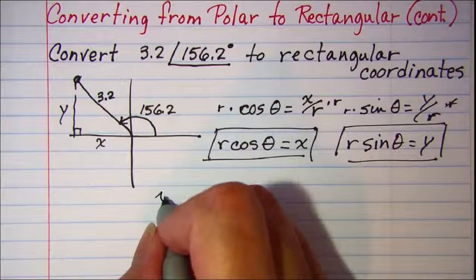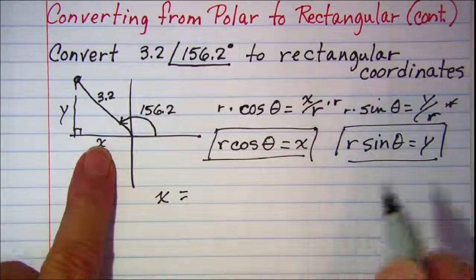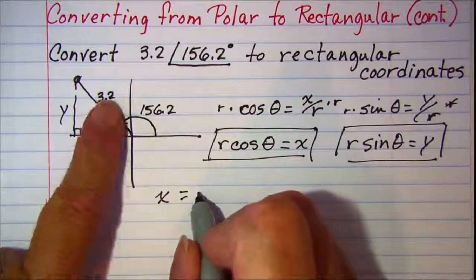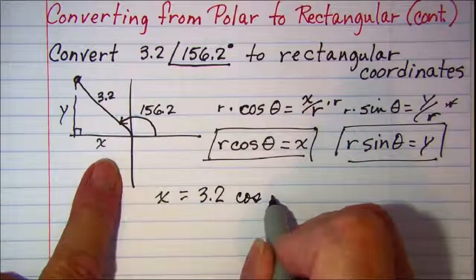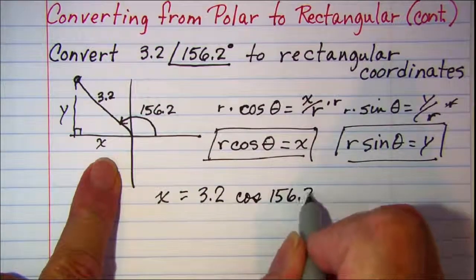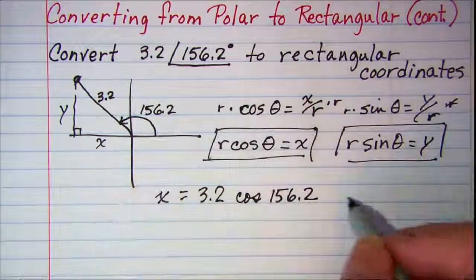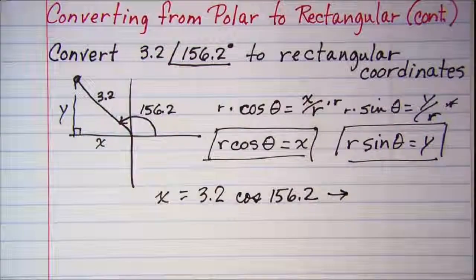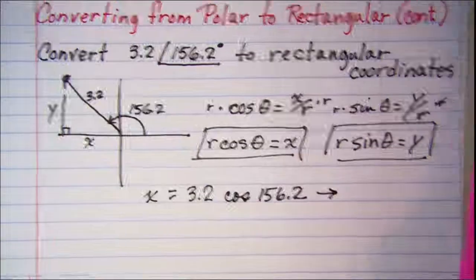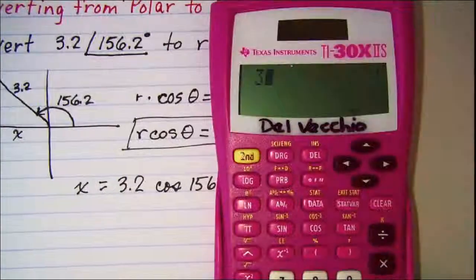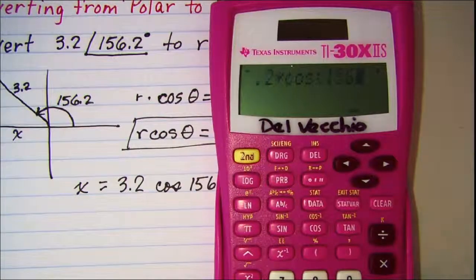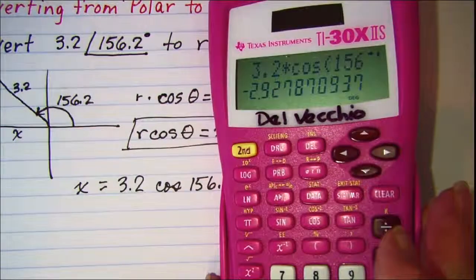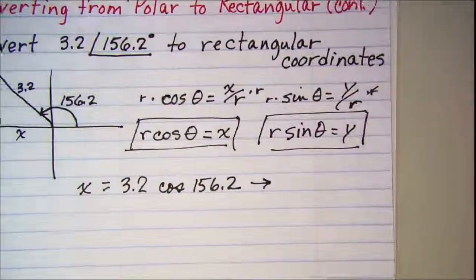So our x value will be the r, 3.2, times the cosine of 156.2. So we get approximately negative 2.93.